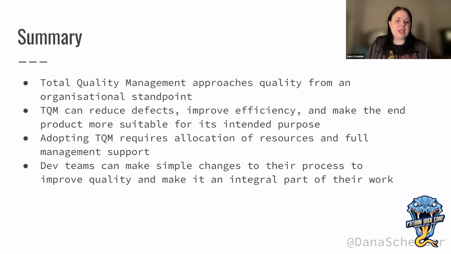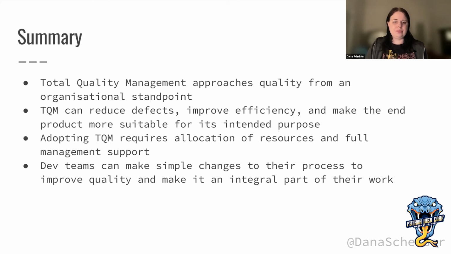So to summarize, TQM, the total quality management approach, approaches quality from an organizational standpoint, not from a standpoint of just reducing defects at the end of a process. TQM can reduce defects, can improve efficiency, and can make the end product more suitable for its intended purpose. Adopting TQM does require full management support, and it does require allocation of significant resources.